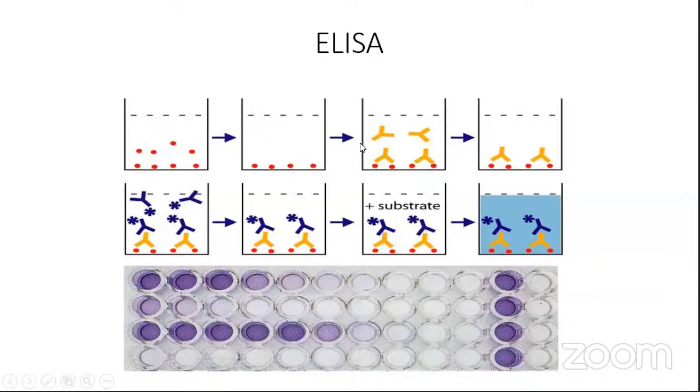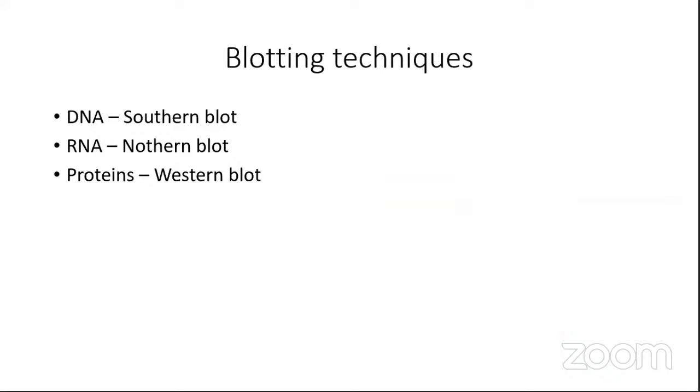Now ELISA is used for most of the diagnostic investigations in the laboratory. Then you have the blotting techniques. In a blotting technique, you separate the cell components into either DNA, RNA or proteins based upon molecular weight, and you blot them onto a nitrocellulose membrane or a gel, and then you look for the antigen antibody reaction.